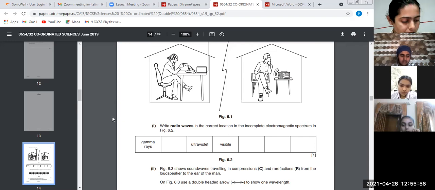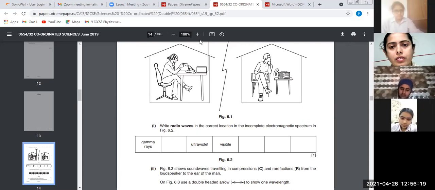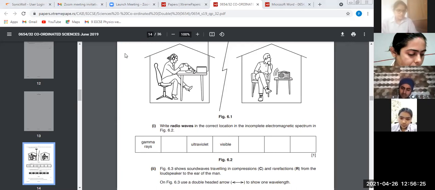Sure? Anyone else? Vardha? Ma'am, second last column in right hand side.